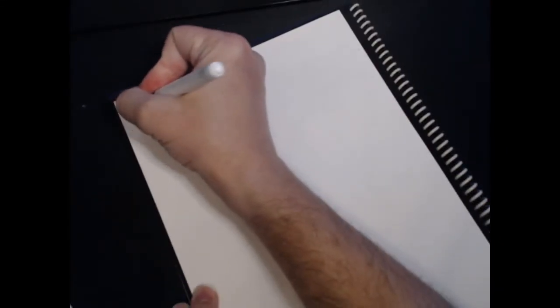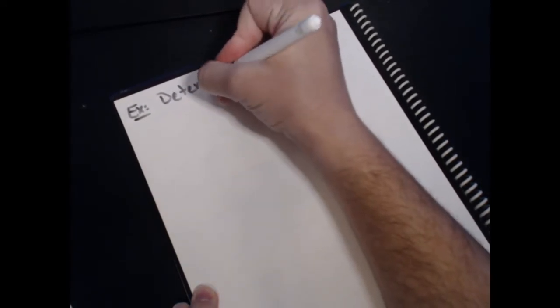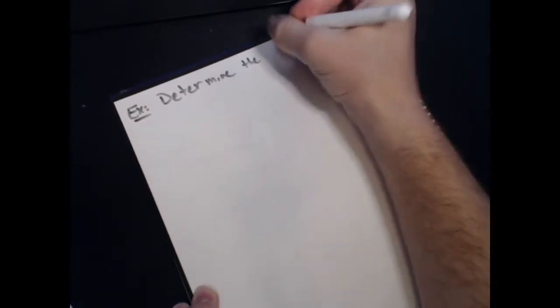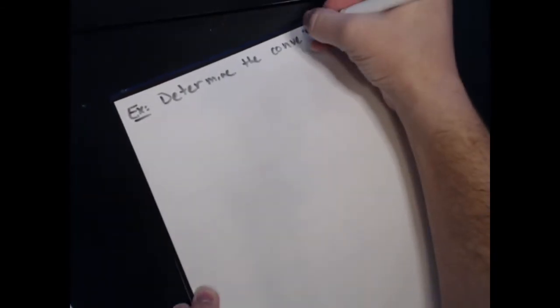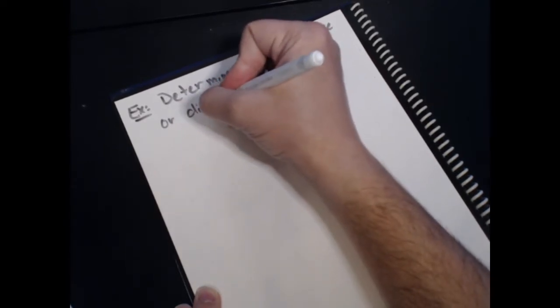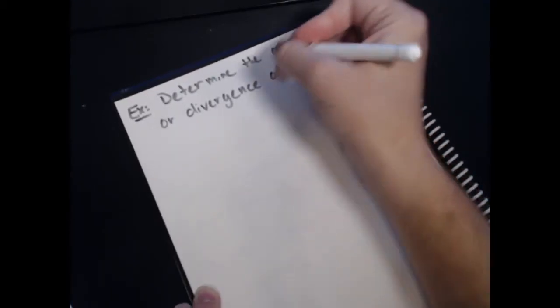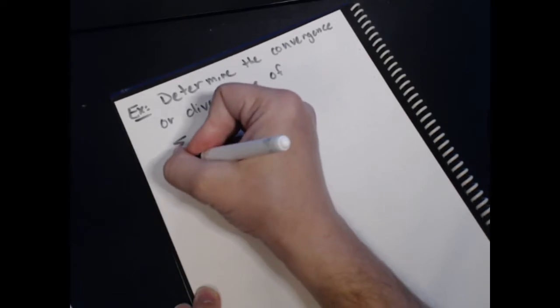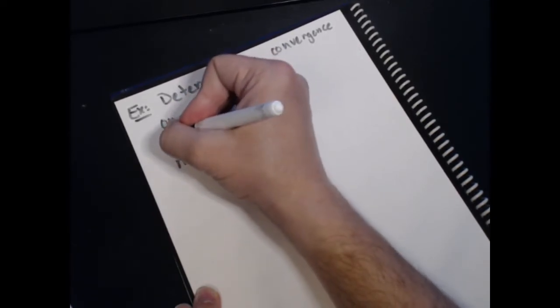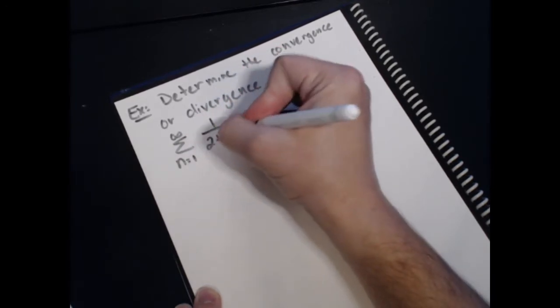We just want to determine the convergence or divergence of the summation n equals 1 to infinity of 1 over 2 plus 3 to the nth power.